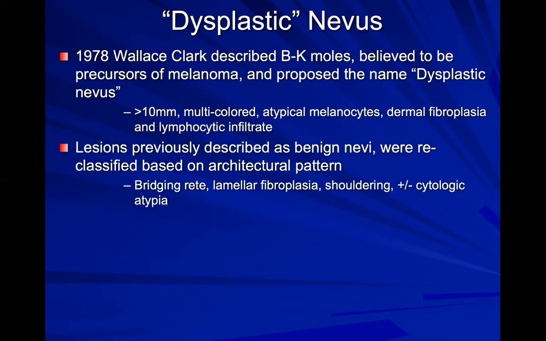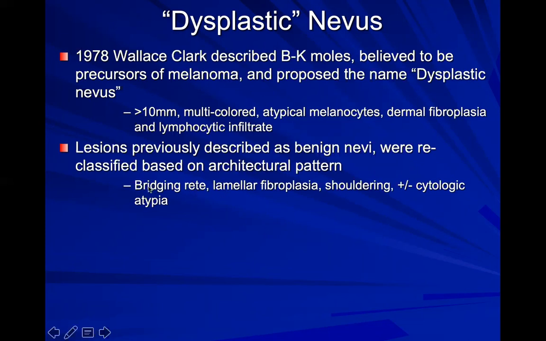Well, the problem is that there is a subset of nevi that have architecture that is similar to this, but were always previously just referred to as benign nevi. Their architecture differs a little from those banal nevi I just showed you. So these were reclassified based on an architectural pattern that was shared with these very atypical nevi.